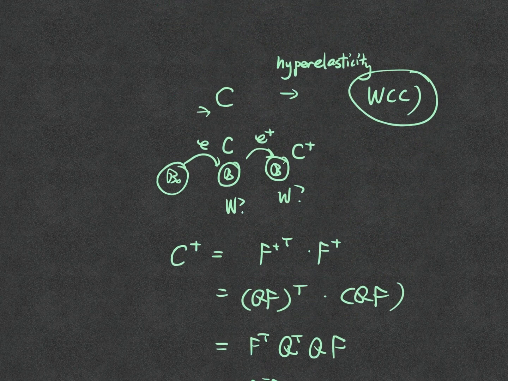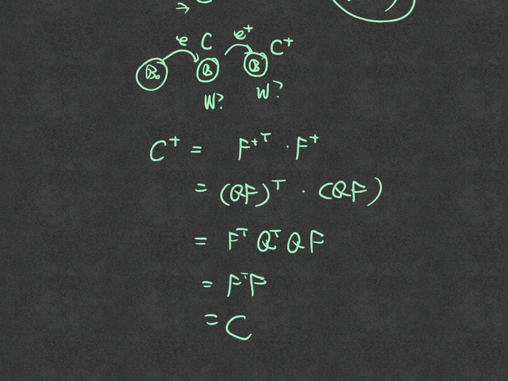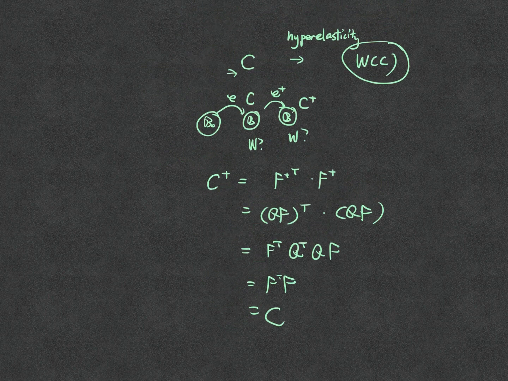If I write the energy in terms of C, it won't be sensitive to whatever rigid body rotation I impose on the current configuration. Does that make sense? Okay, so this is the reason why all the material models we write in C are material frame indifferent.